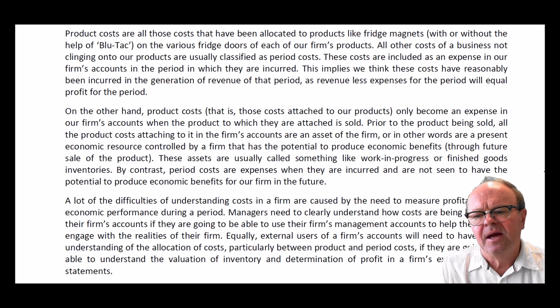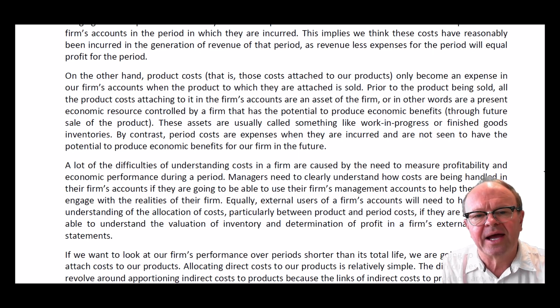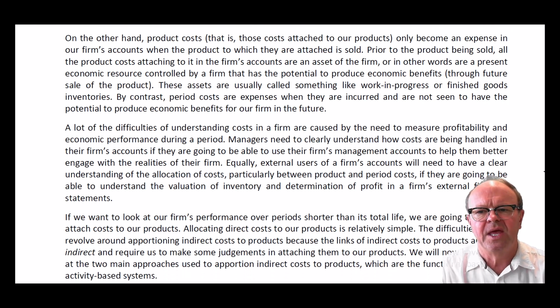On the other hand, product costs, that is, those costs attached to our products, only become an expense in our firm's accounts when the product to which they are attached is sold. Prior to the product being sold, all the product costs attaching to it in the firm's accounts are an asset of the firm, or in other words, are a present economic resource controlled by a firm that has the potential to produce economic benefits through future sale of the product.